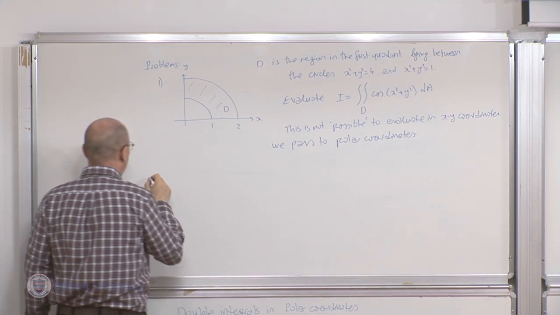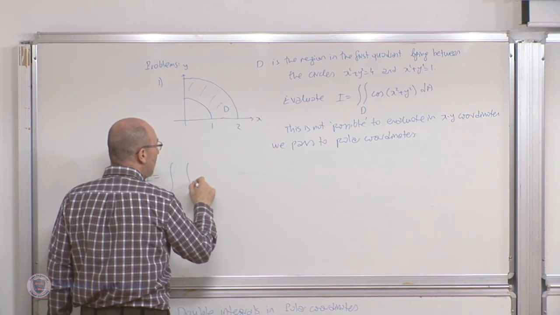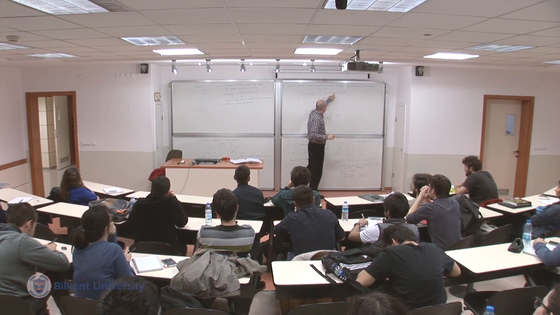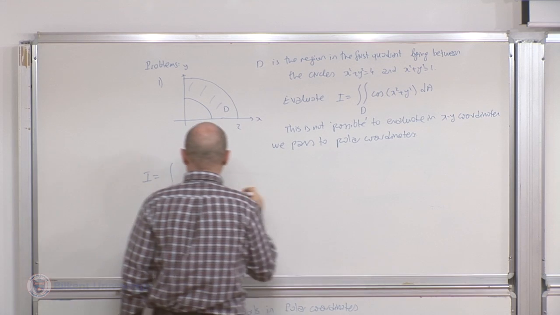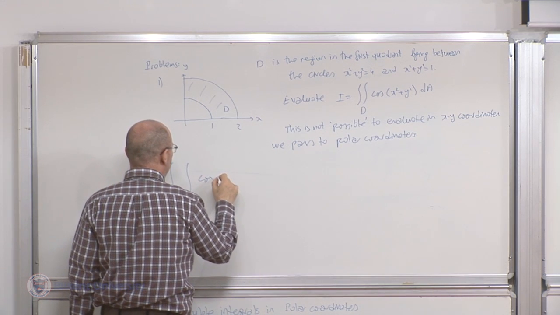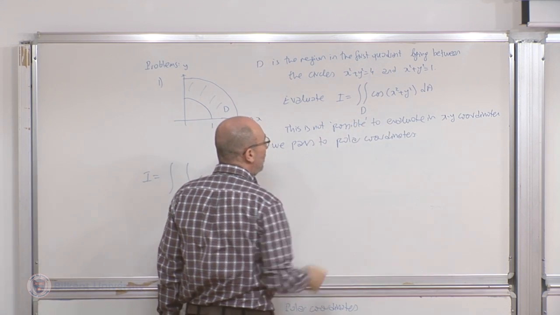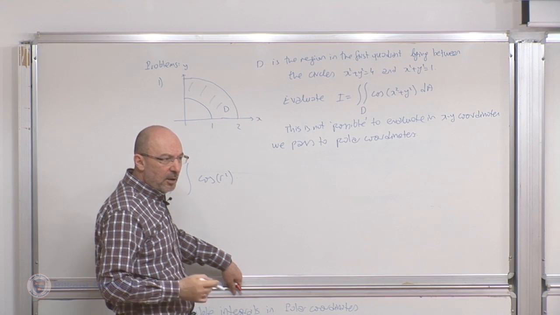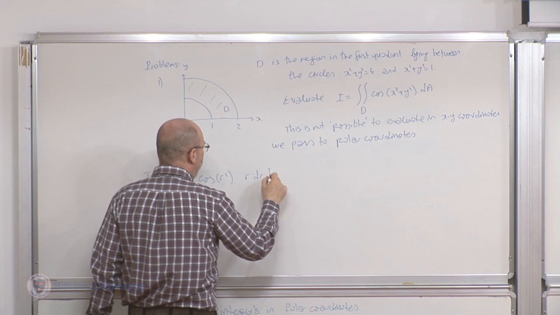Okay, so our integral I is going to be an iterated integral. Now I'll put x equals r cos theta, y equals r sine theta, and it immediately becomes r squared here. This is cosine of r squared. I'm replacing dA in Cartesian coordinates with dA in polar coordinates. In polar coordinates, dA is r dr d theta.